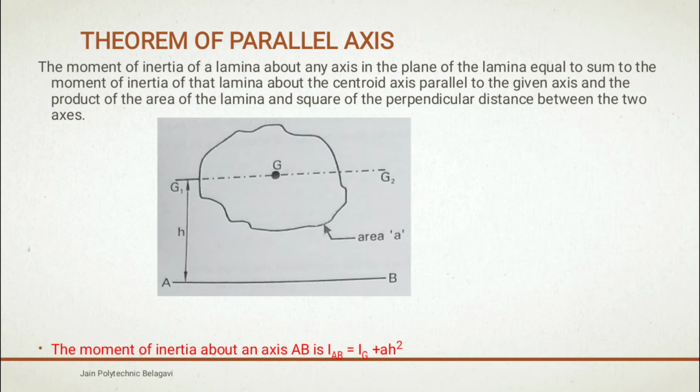So this is the standard formula developed. Moment of inertia about AB is equal to Ig plus A h square. So the theorem of parallel axis is going to help us in solving moment of inertia problems.